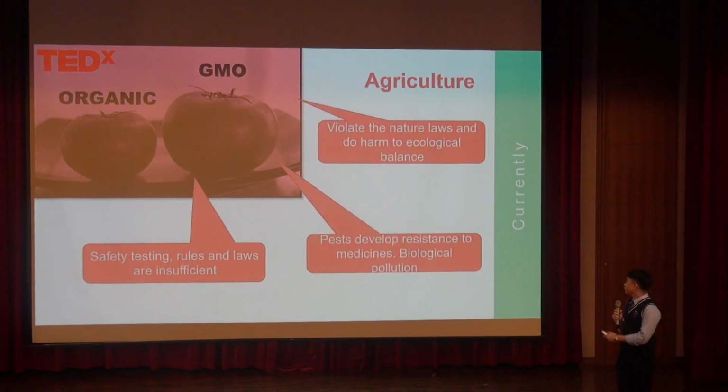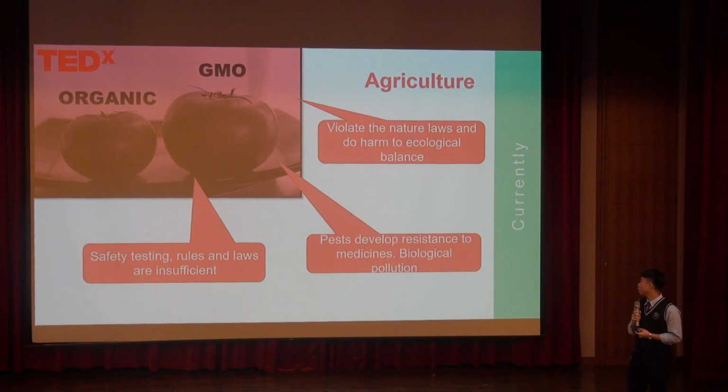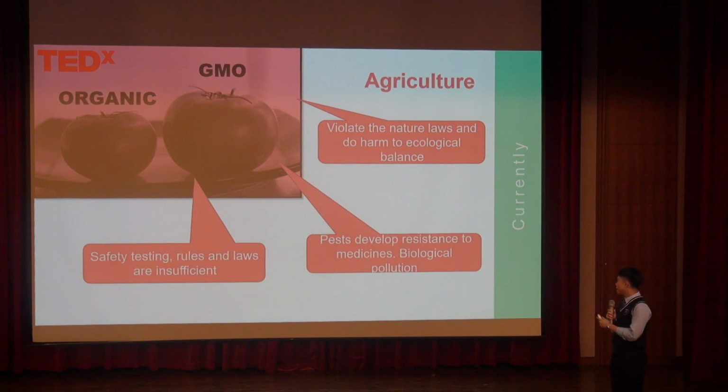But it may also violate natural laws and harm the ecological balance. Pests can also develop resistance to medicines, and there is also biological pollution. And the most important is that safety testing rules and laws are currently insufficient, which may be very, very dangerous.